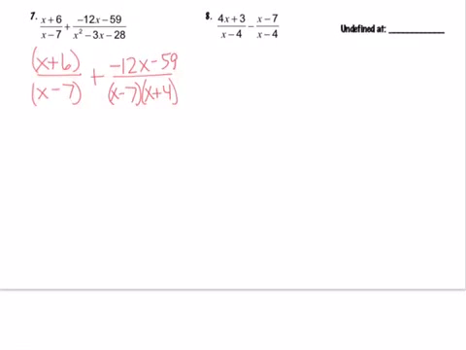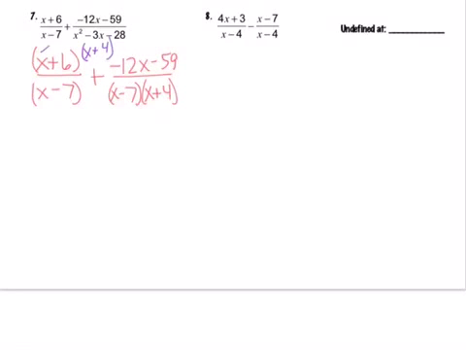So now I look for my LCM, which would be all of this. So I have to multiply this side by all of that. Well, it's already divided by that, so I have to multiply by that. So I multiply by x plus 4. And this one over here is already over my LCM, so I don't have to multiply by anything up here.